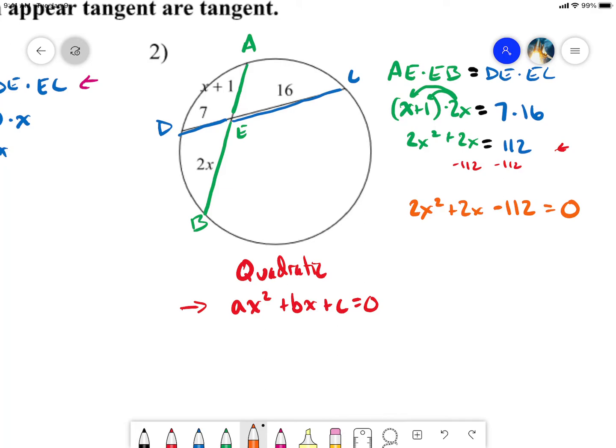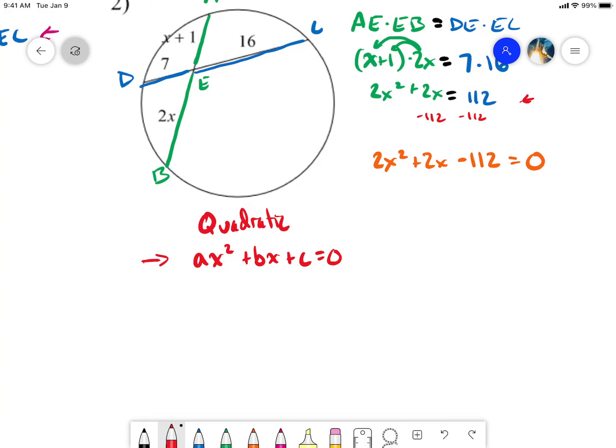Okay? Now, there are actually several ways that I can solve a quadratic, but the two ways that you hopefully remember from Algebra 1, and if you don't remember, I know this is a COVID year, this is why we're doing this, it's kind of a reminder. The first way is to solve by factoring.